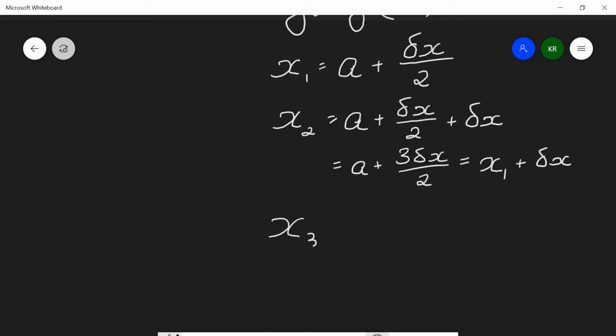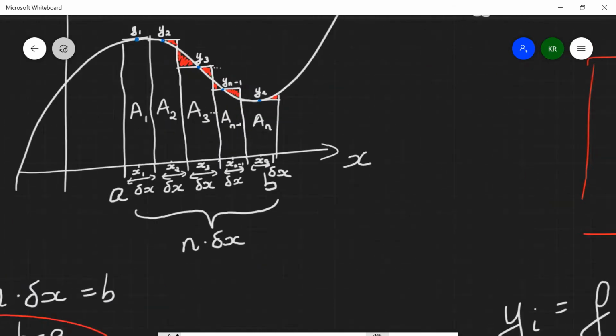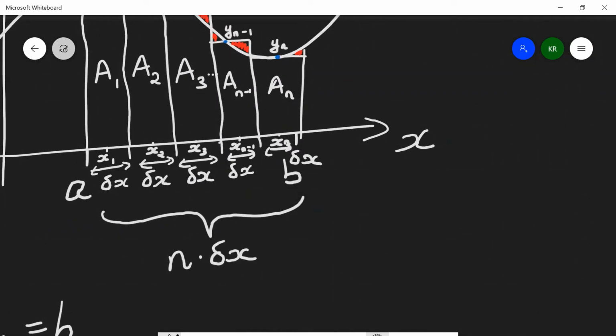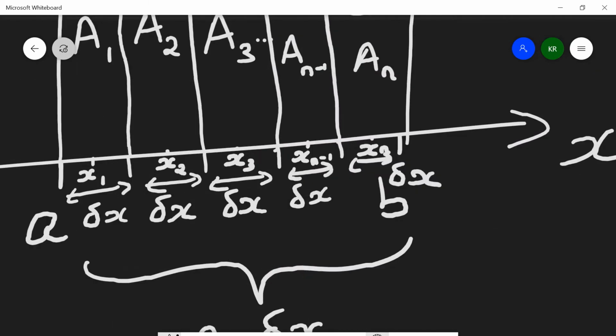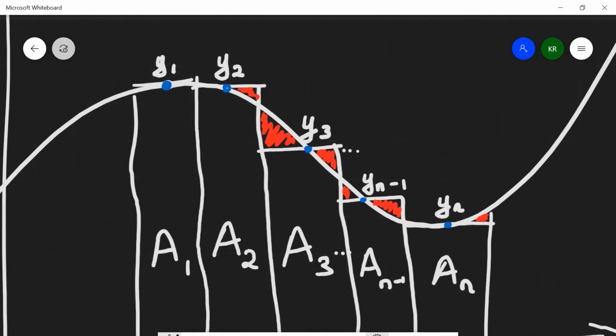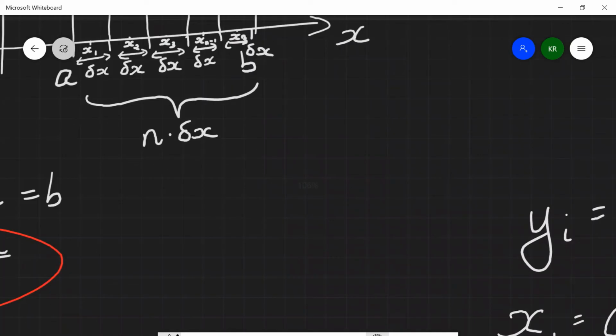Now what's x3? Well, x3 is just a plus delta x plus another delta x plus half a delta x, right? Because x1, x2, x3, they're halfway across this width here, right? And because their corresponding y coordinate is halfway across the width.